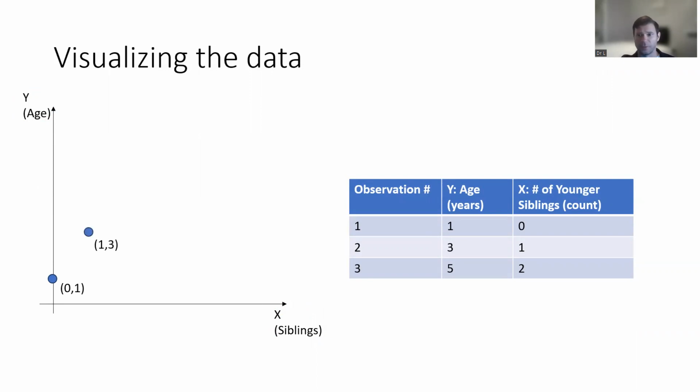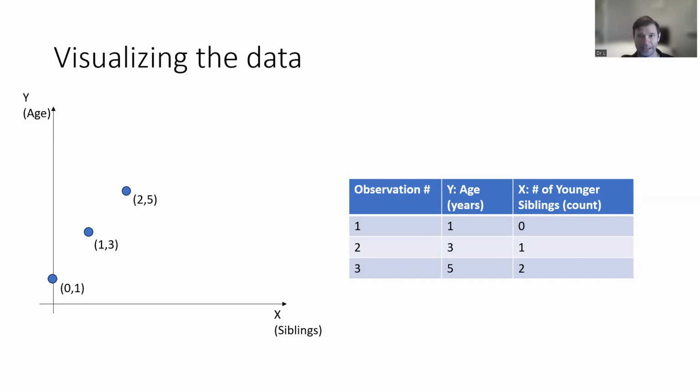And observation 3 corresponded to having 2 siblings and 5 years of age. Again, siblings is the X value, the first number in that ordered pair within the parentheses, and the age is the Y variable, the second number. And I'll stick with that reference within the scope of this example throughout this segment.